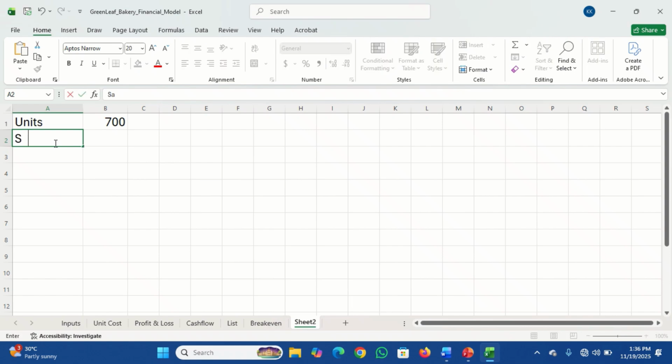Now our current sales price is 3,500 naira.